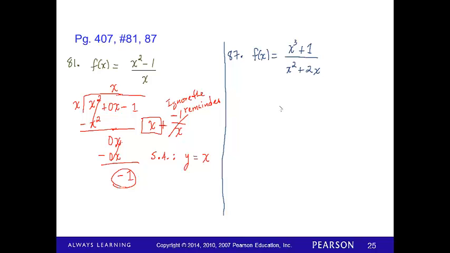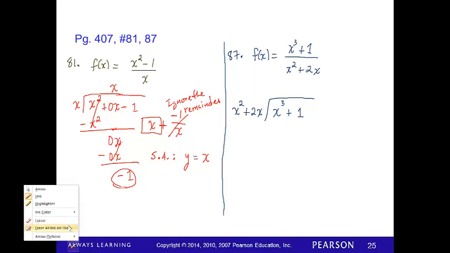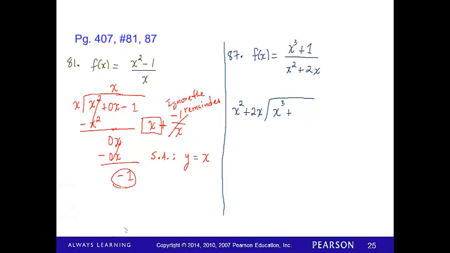And again, we're going to use long division, so x to the third plus 1 divided by x squared plus 2x. And again, I forgot my placeholders, so let me put those in. And let's divide. So x to the third divided by x squared is just x.